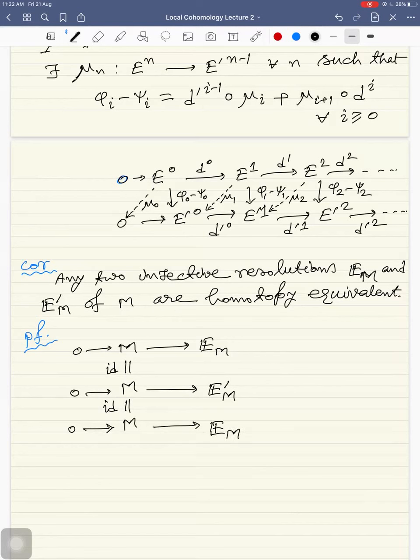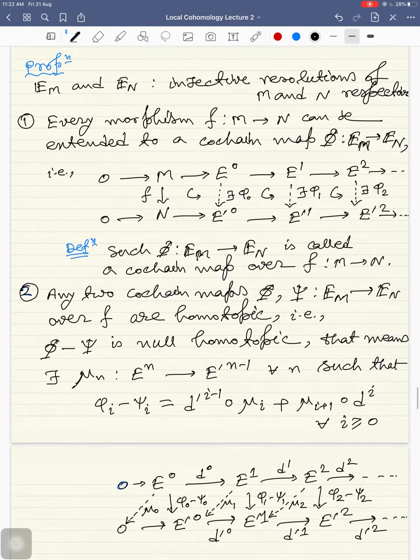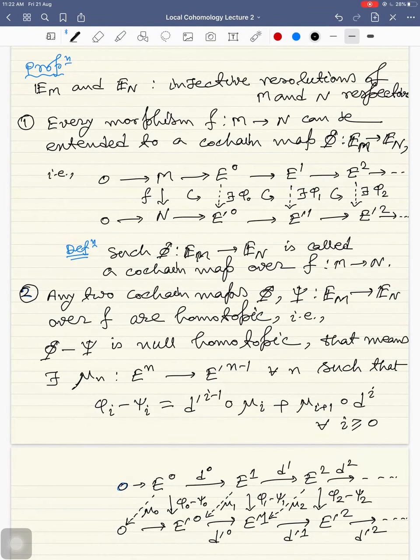From M to M, if you consider this identity map, then the first statement says every morphism can be lifted to a cochain map on their injective resolutions.